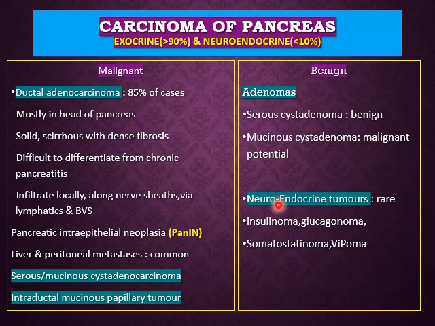There are also the neuroendocrine tumors, which arise from the neuroendocrine cells, which are very rare, much less than 10%, and some of them include the insulinoma, glucagonoma, somatostatinoma, and VIPoma.